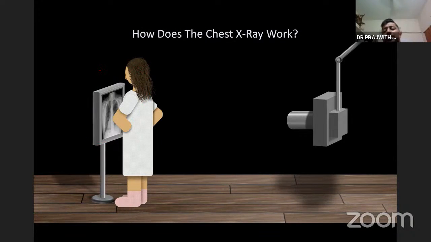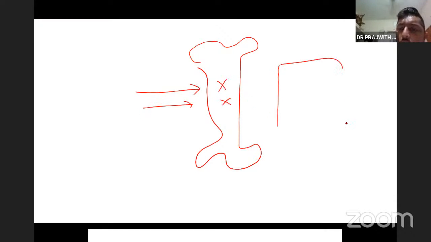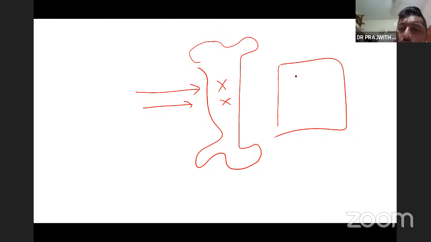Now one more thing that we have to understand for how an image is formed is that not every structure will allow the same amount of X-ray to pass through. If there is a bone, it may not allow any X-rays to pass through it. So the film will remain white.